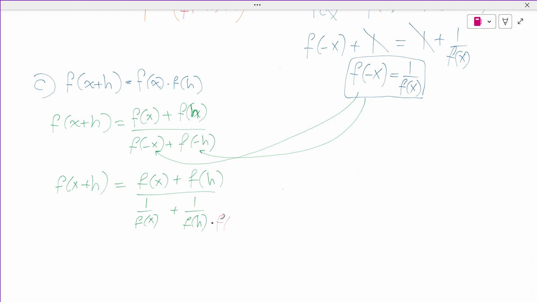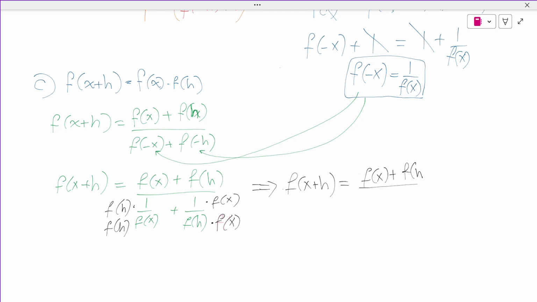So let's multiply here by f of x, and here by f of x, and here by f of h, and here by f of h. So this is what f of x plus h becomes? It becomes f of x plus f of h.